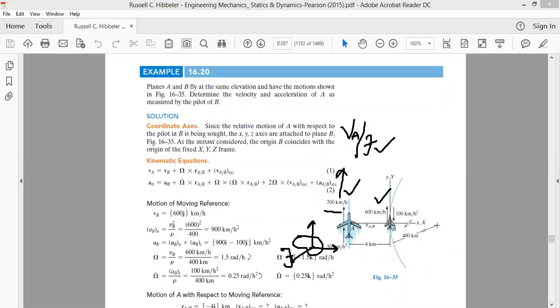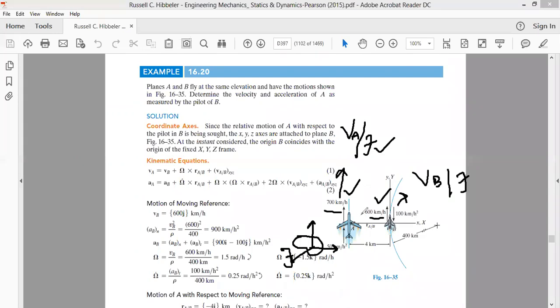In the same way, it is being said that aircraft B is moving with a speed of 600 km per hour. This is the velocity of aircraft B with respect to an observer on the ground. This is very important.